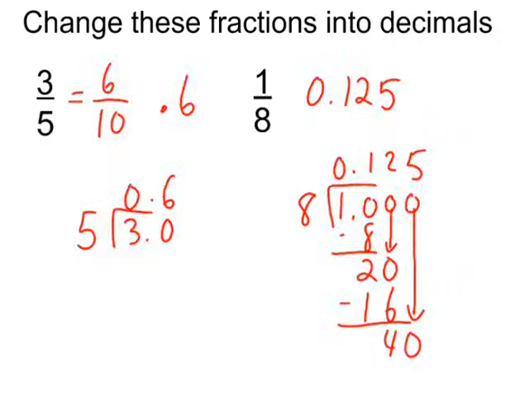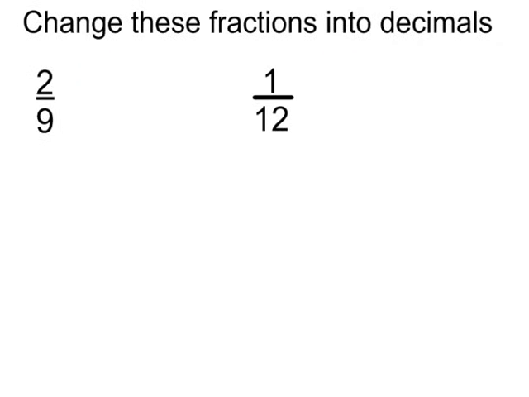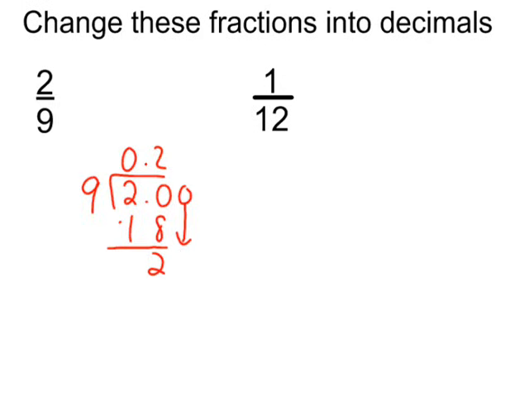All right, let's do a couple more. We'll do 2 final examples. 2/9. If you wanted to change 2/9 into a decimal, we're going to put the top dog in the house, and we're going to divide that by 9. So 9 will not go into 2, but it does go into 20 twice. Multiply and subtract. Let me add a 0.